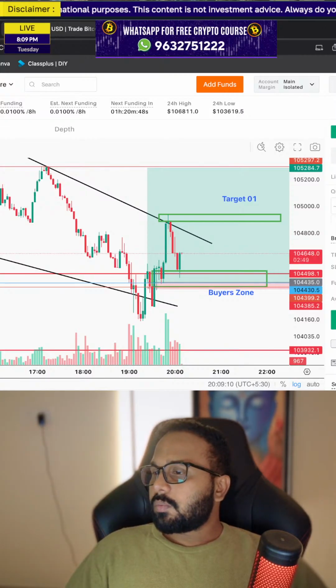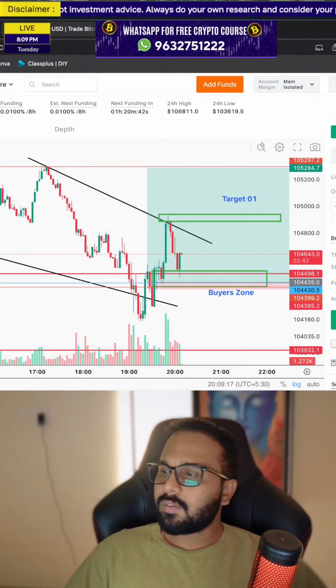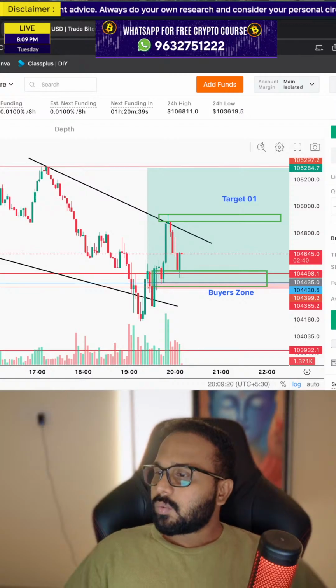Let me see the global market. Almost near the breakout level, not yet given a breakout. One solid breakout would be very helpful.